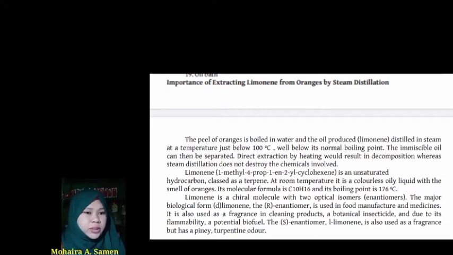It is also used as a fragrance in cleaning products, a botanical insecticide, and due to its flammability, a potential biofuel. The S enantiomer of limonene is also used as a fragrance but has a piney turpentine odor.